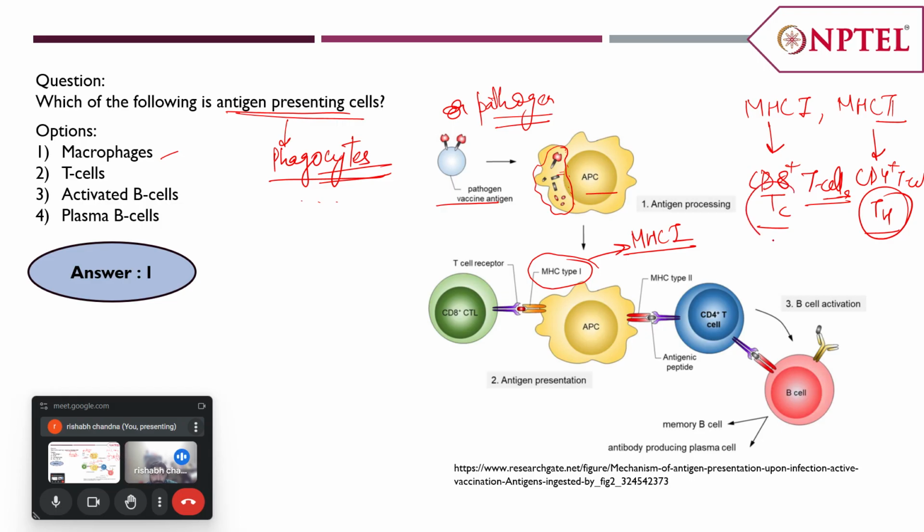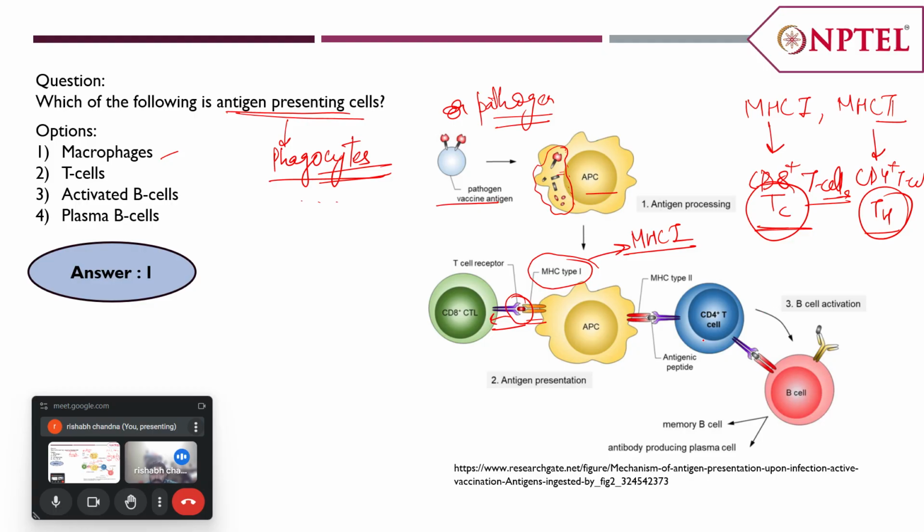Okay, so if we have to present or initiate a cytotoxic T cell response, then MHC1 will come into picture and it will present its antigen to the TC cells or the CD8 positive cells.